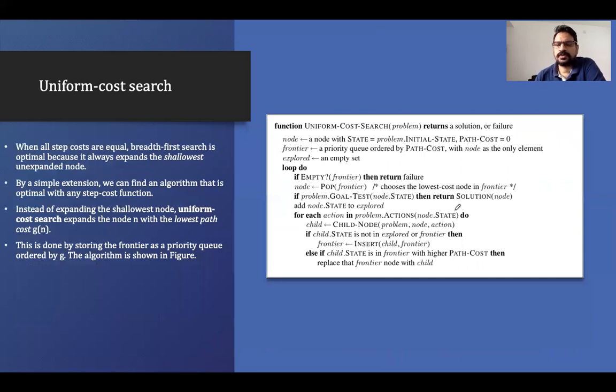The class is called uniform cost search. Till now, whatever searching algorithms we have seen, all have a first initial state, which is also called a start state.